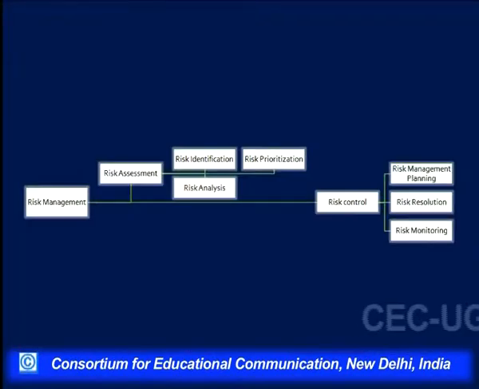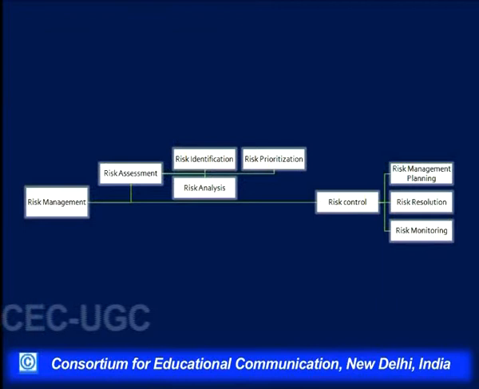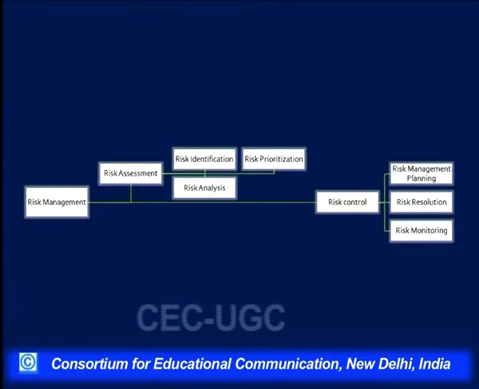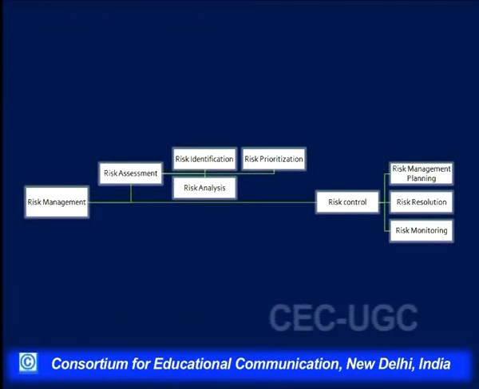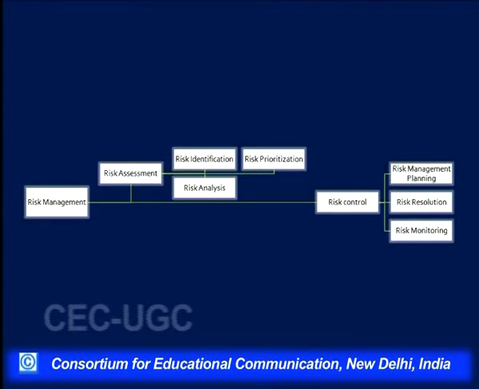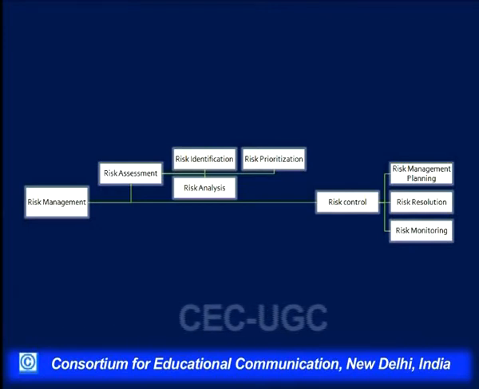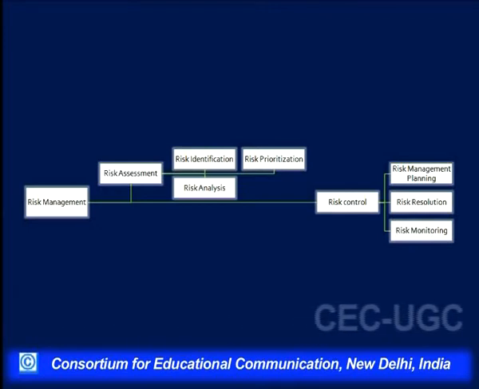The risk management approaches can be classified as risk assessment. In risk assessment, we talk about risk identification, in which the various risks which can possibly affect the software are studied. Then we have risk prioritization, in which risks are put in an order: high priority, low priority, high incidence, low incidence.